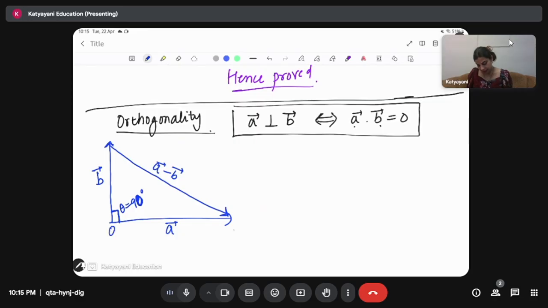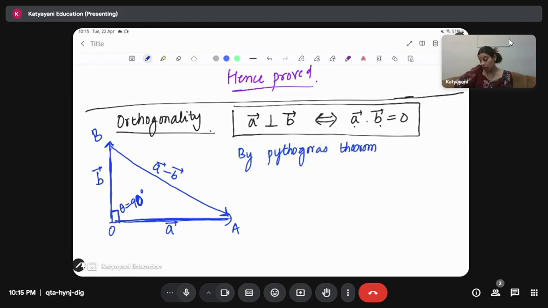Let's name this triangle as O, A and B, right? The points of this triangle are O, A and B. This is the vector a, this is the vector b, and this is the vector a minus b, right? अब पाइथागोरस थ्योरम क्या कहती है? So by Pythagoras theorem, if this theta is 90 degree, if the angle between them is 90 degree, then the hypotenuse square would be equal to perpendicular square plus base square, right?